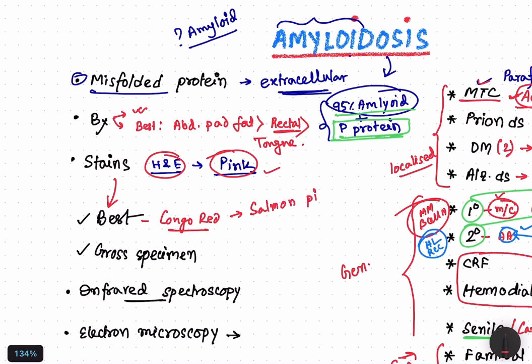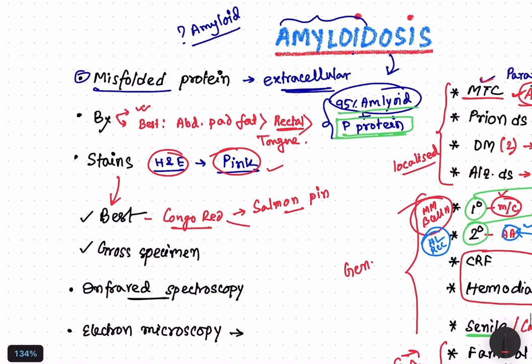So you stained it with Congo red, and you are watching it under a light microscope. It will give rise to a salmon pink appearance. Please remember. But once you stain it with Congo red and look under polarized light, you will see apple green birefringence.